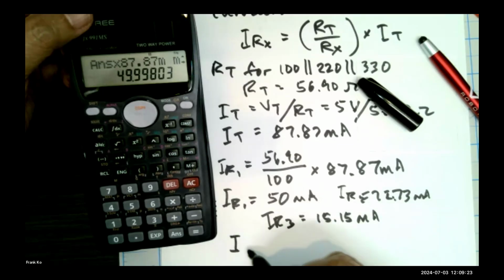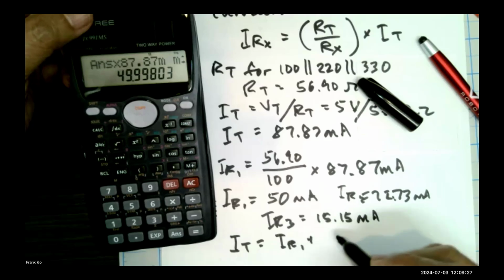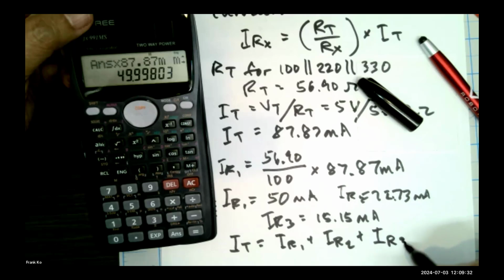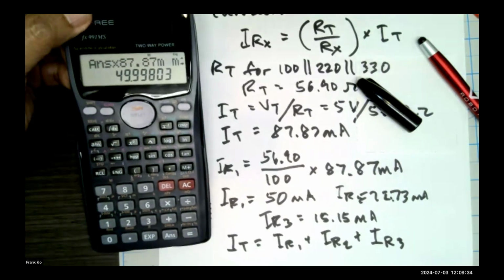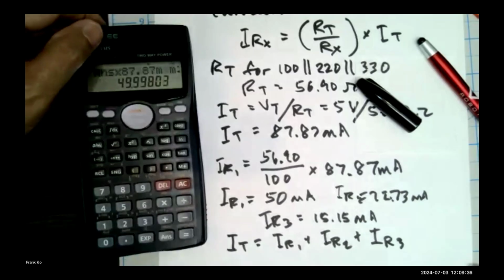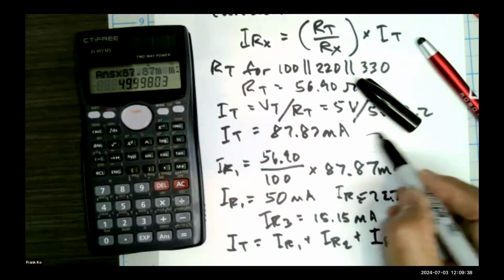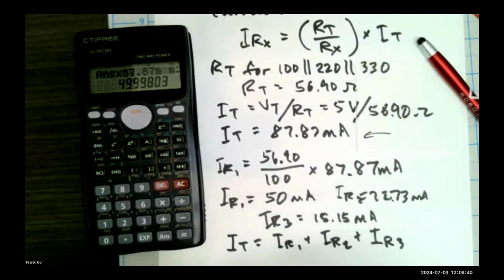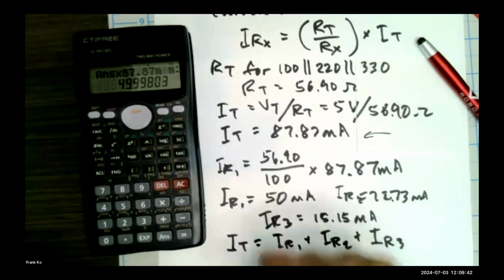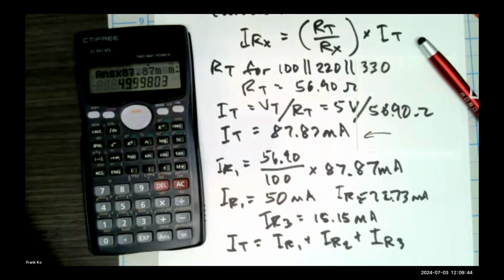And does I total equal IR1 plus IR2 plus IR3? And you'll find, yay, lo and behold, they do add up to be the 87.87 milliamps that we had calculated using Ohm's law. Cool. Next.